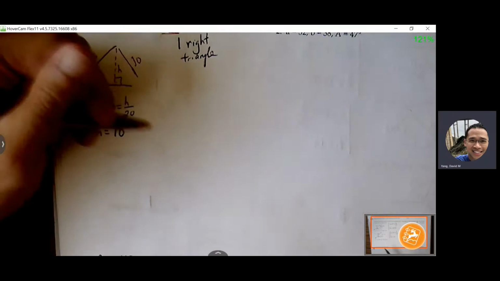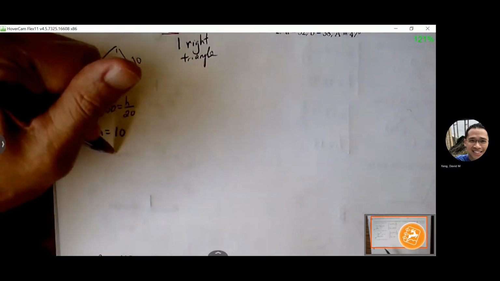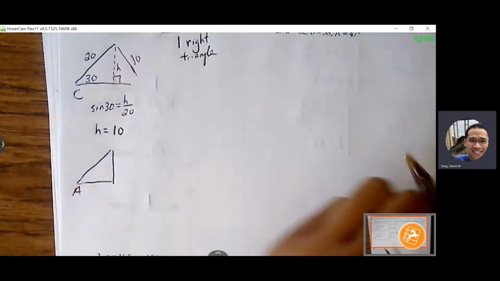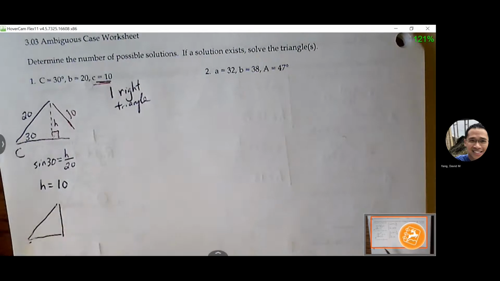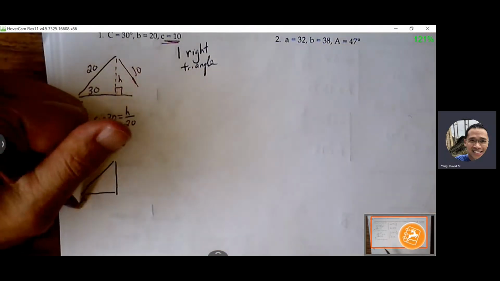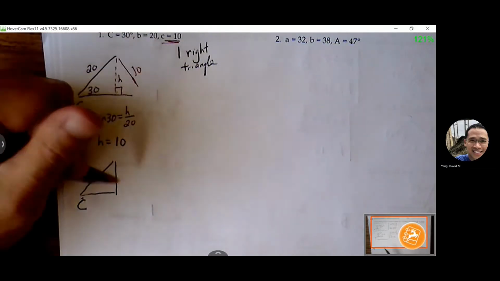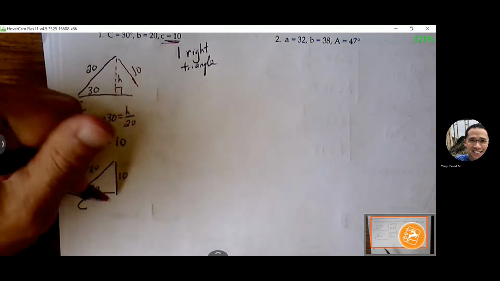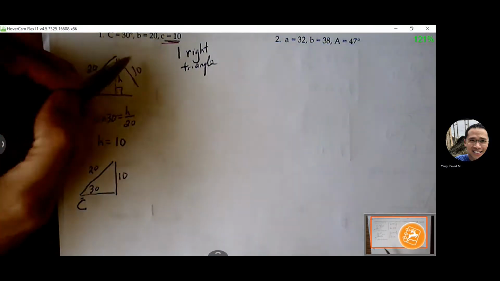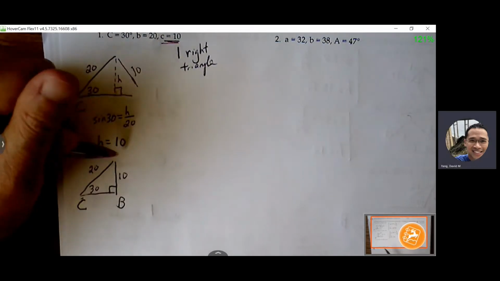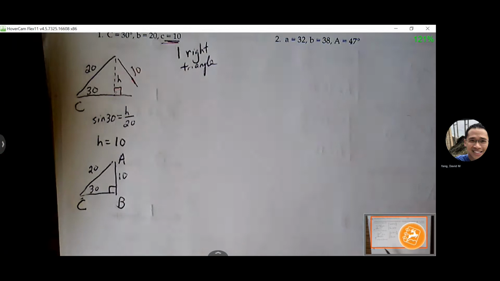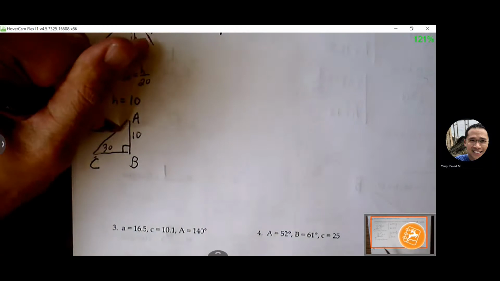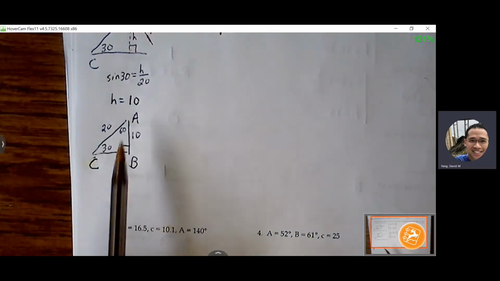Okay, so we're going to solve this right triangle here. Oops, sorry, angle C. Okay, it's a right triangle, so you can use the Pythagorean theorem to find that missing side, or you can use special right triangles.